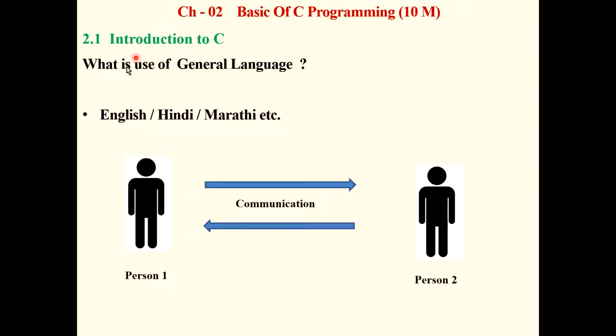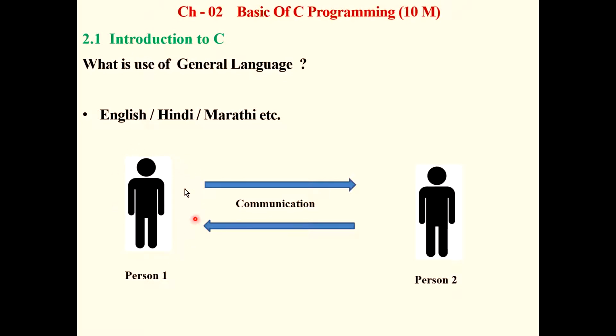So first we see what is the use of general language. General language means the language we use in daily life, that is English, Hindi, Marathi or any language. The use of general languages is for communication between two persons.